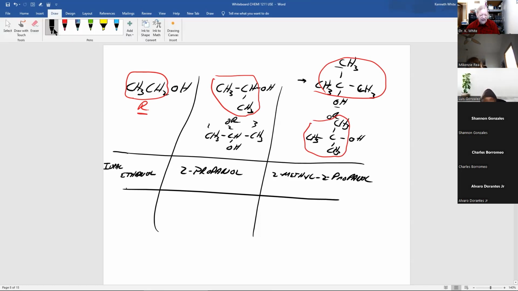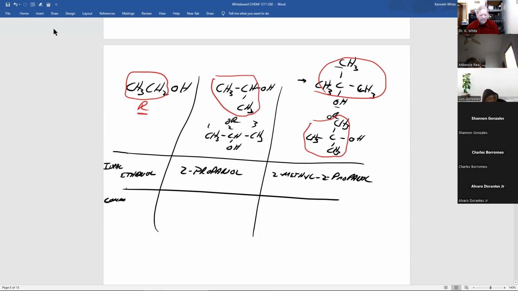So the common name would be ethyl, name the alkyl group, and then add the word alcohol. And that's ethyl alcohol. If you look at a label and see ethyl alcohol, that's ethanol. Where do you see a lot of times ethyl alcohol? On bottles of wine. For some reason, they don't use ethanol, they use ethyl alcohol.